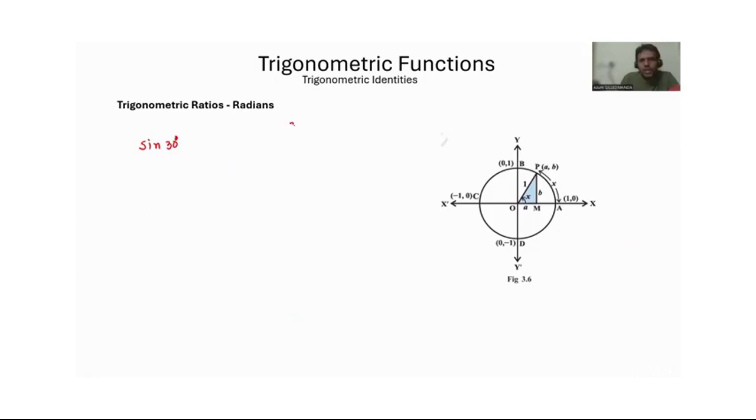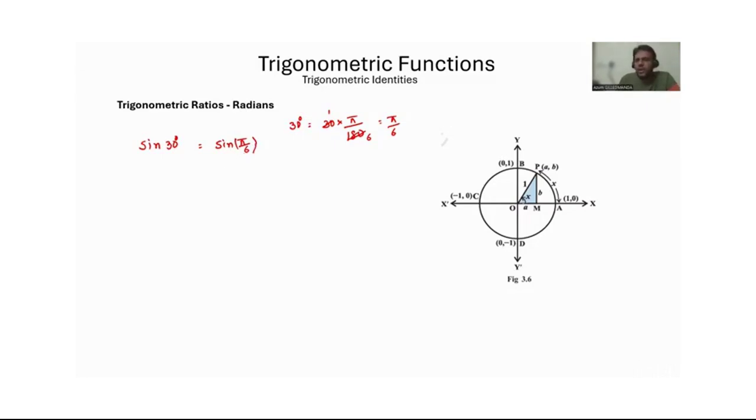What is 30 degrees equivalent in radians? 30 degrees equals 30 into pi by 180. So it's pi by 6. So sine 30 I can also write as sine pi by 6, in terms of radians.